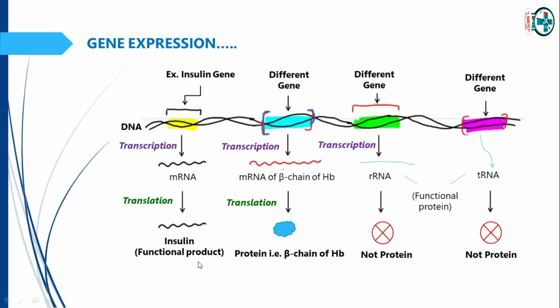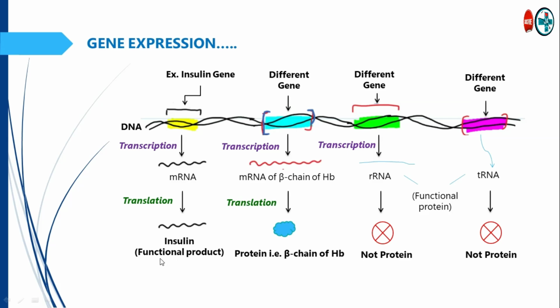It may be non-protein coding genes, for example, rRNA, tRNA, snRNA, etc. When there is an increase in the blood glucose level, at that time insulin is required. In this situation, the insulin gene gets activated, and followed by transcription and translation, there will be synthesis of insulin, or the expression of insulin.